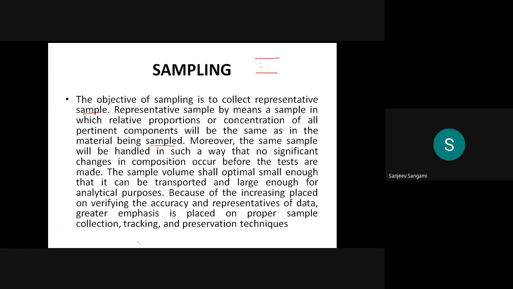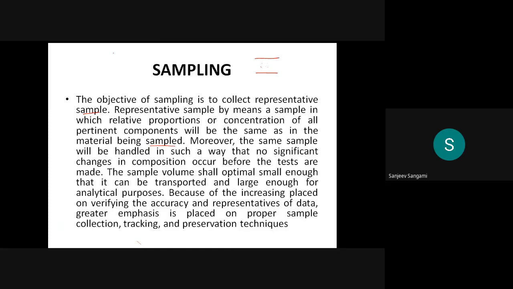And if we observe these characteristics, they should represent standard characteristics.